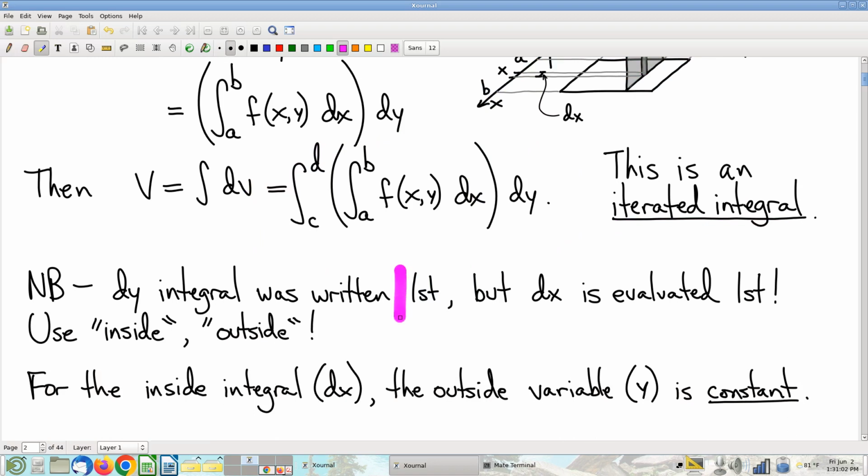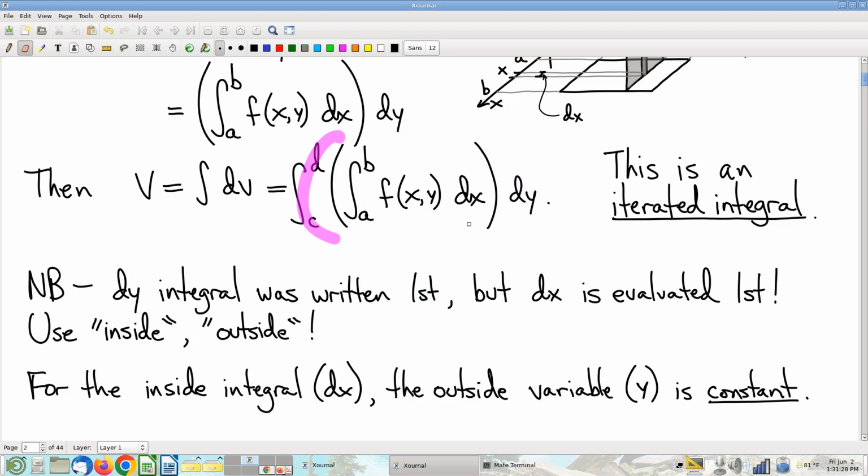Let's talk about which is the first integral and which is the second integral. Which is the first integral here? Well, it really kind of depends. From our slicing standpoint, this was the first one we wrote down. We first took our loaf of bread and we said, look, slice it perpendicular to the y-axis. That's where our dy integral came from. And only after that did we start thinking in terms of x integrals. So we wrote down the dy integral first.